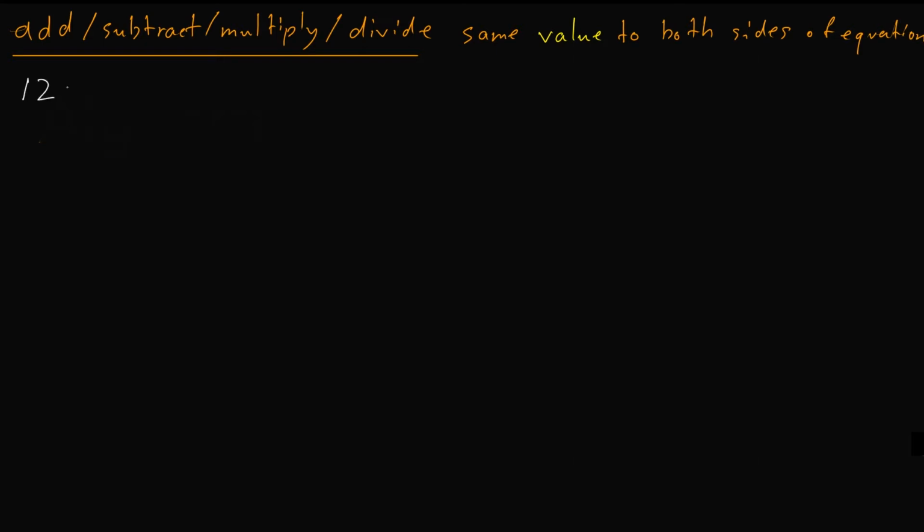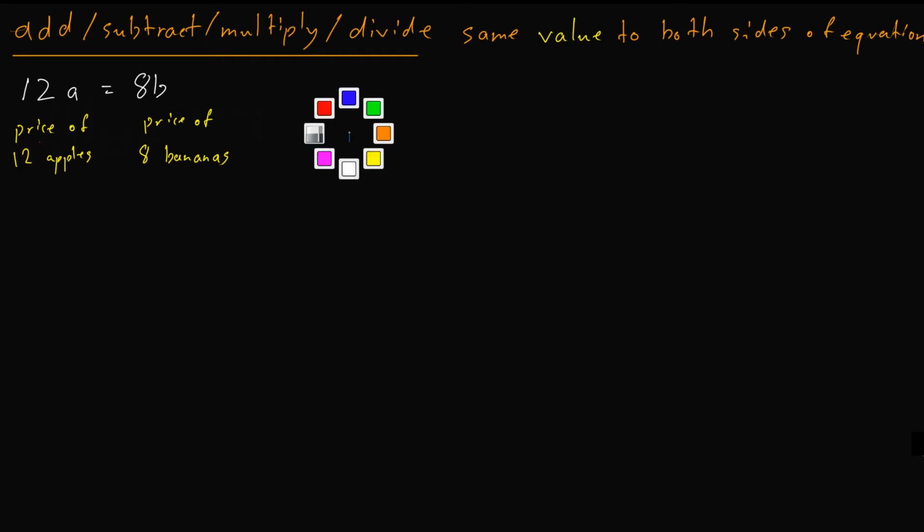Let's say we have 12a is equal to 8b. And one way to think about this is to say that the price of 12 apples is equal to the price of 8 bananas.